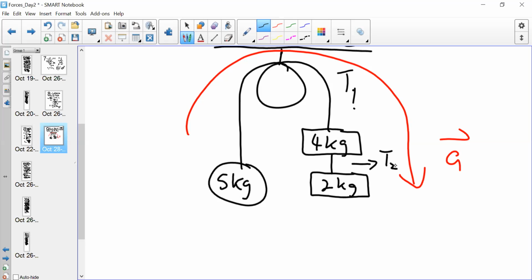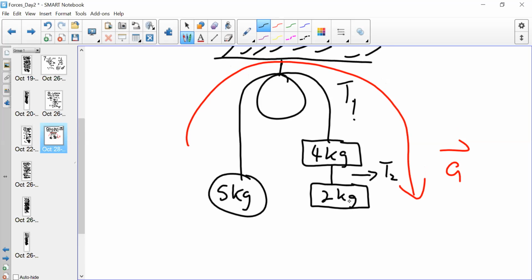There is nothing happening in the X plane because it's all vertical. So the pulley system is going to cause the 5 kilogram block to move up as the 4 and the 2 go down, since this is a heavier weight than the 5. 60 newtons roughly, as opposed to 50 over here. So it accelerates up and down.